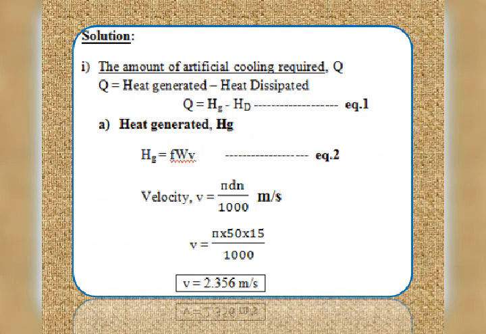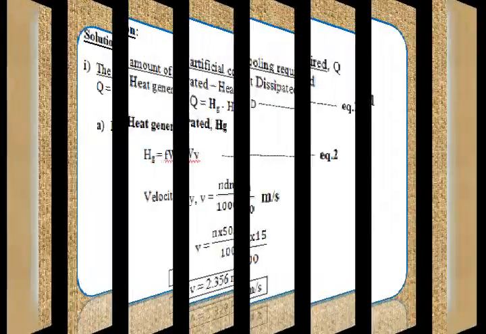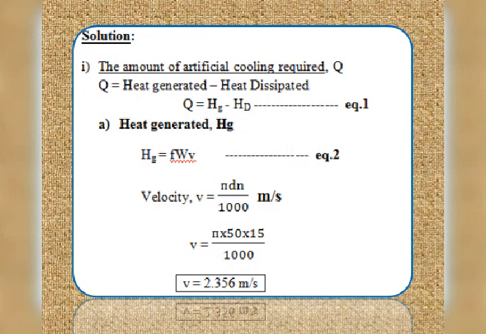Now the next step is the solution. So as per the given problem, the first unknown is amount of artificial cooling required, Q, that is equal to heat generated minus heat dissipated. That can be obtained by using the relation Q is equal to Hg minus Hd, call that equation number 1.